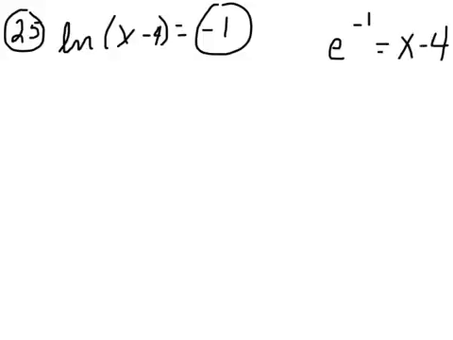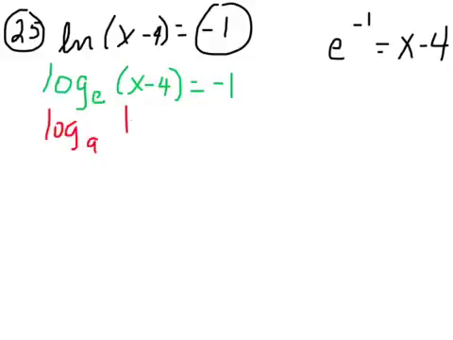But if that didn't come to you that easily, let's do it a longer way for those of you who are struggling, okay? I could rewrite ln as log base e, and then I have this x minus 4, and I have this negative 1. So if we label this, this becomes log base a of b equals c, and then I'm going to rewrite it in exponential form so I can solve it.